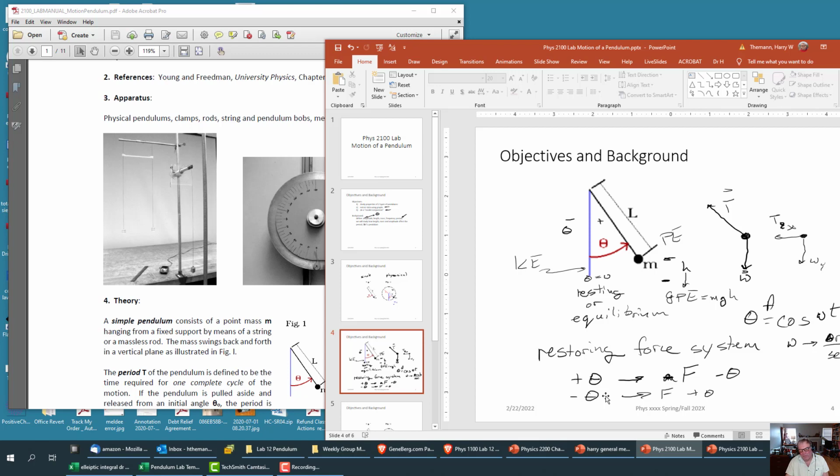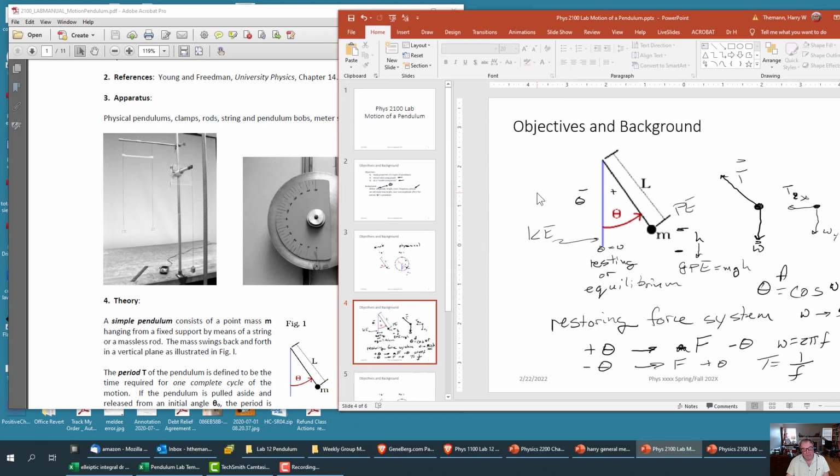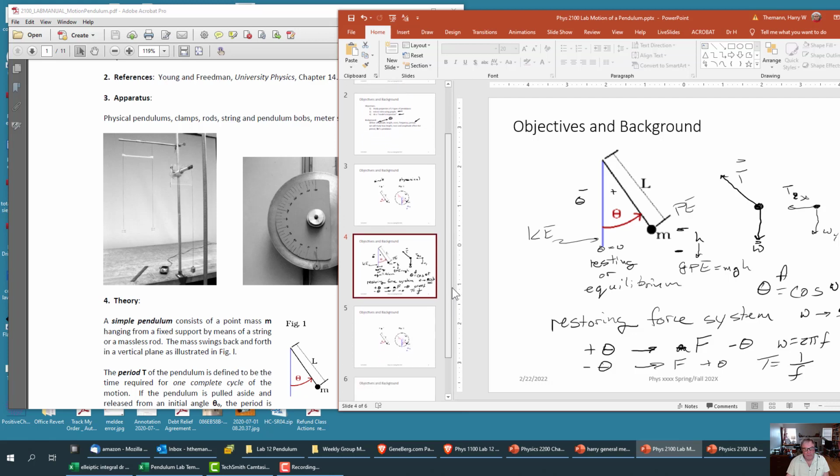You can also say that omega is equal to 2 pi times the frequency, and the period equals 1 over the frequency. So these are pretty broad brushstrokes, sorry. This is all part of your lecture class, and I don't know why we're doing this lab now, but this is what the boss says, this is what we do.